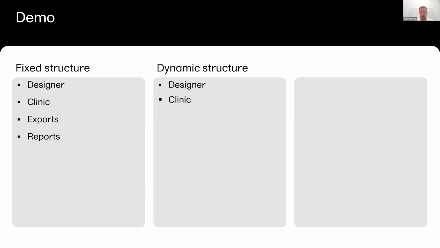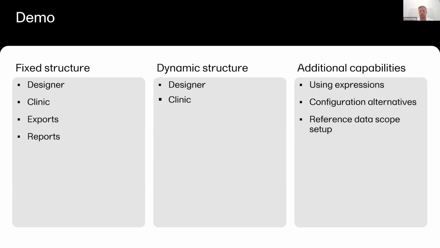Then I will show a dynamic structure and talk about that in Designer and Clinic. And finally, I will show some additional capabilities in how to use expressions and different alternatives you have in your configuration, as well as using reference data scope setup.